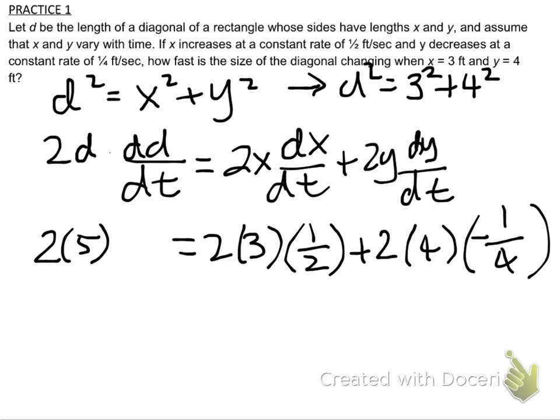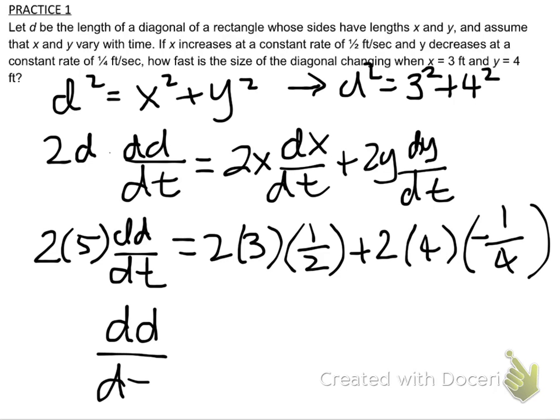If you have a question about that, I can explain that in class tomorrow. So I have this equation. Now, once I simplify this, I'm going to let you guys figure that out. My answer is going to be that dD over dt equals 1 over 10 feet per second.